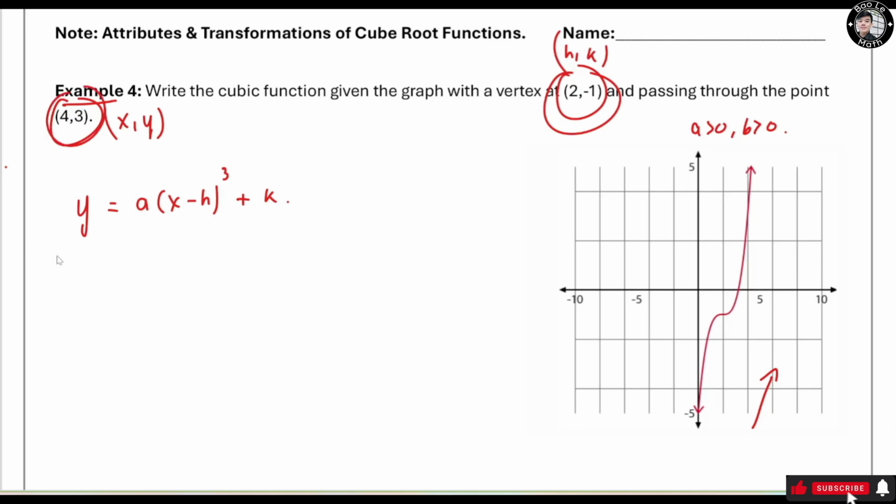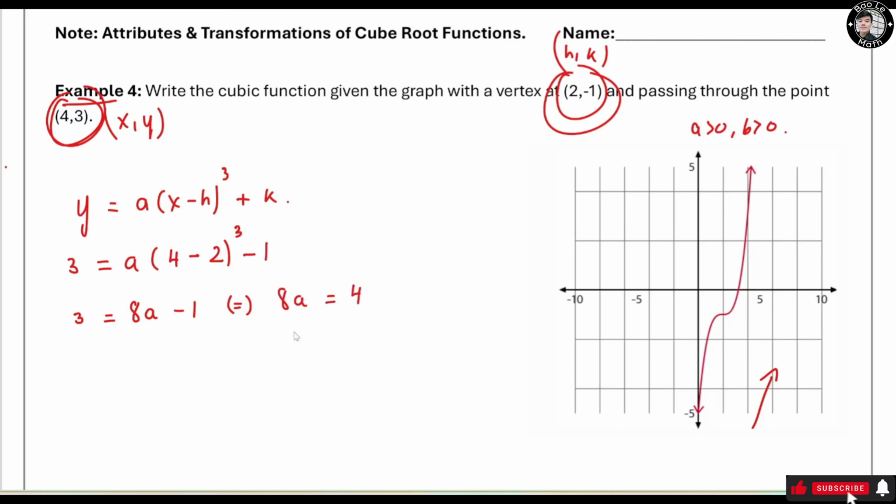We have 3 equals a times (4 minus 2) cubed, minus 1. So it's going to be 3 equals 4 minus 2, which is 2 cubed, which is 8, so 8 times a, minus 1. We're going to add 1 to both sides, so 8a equals 4.